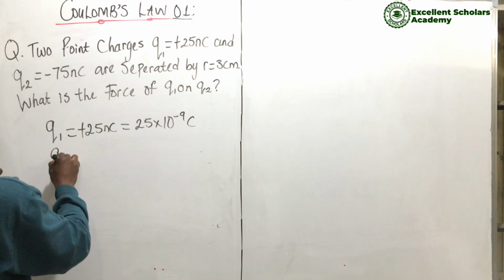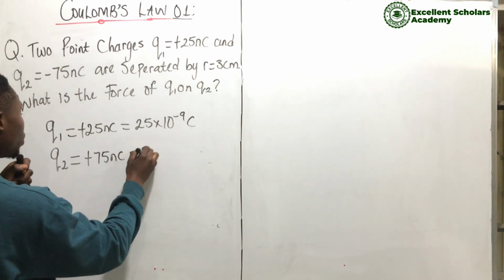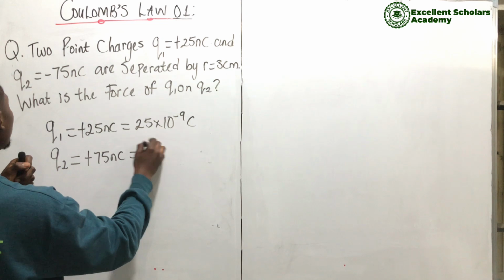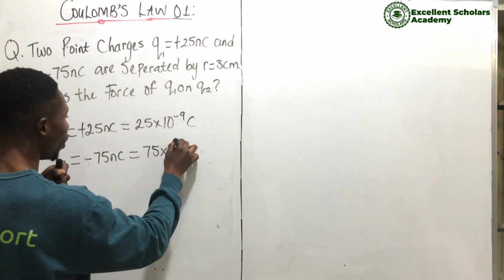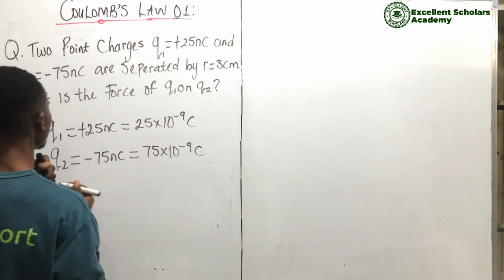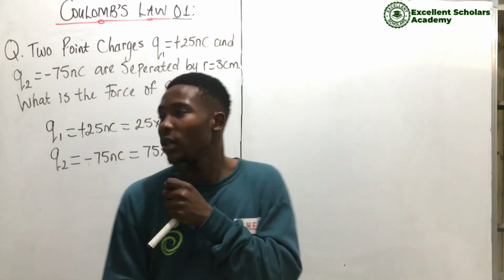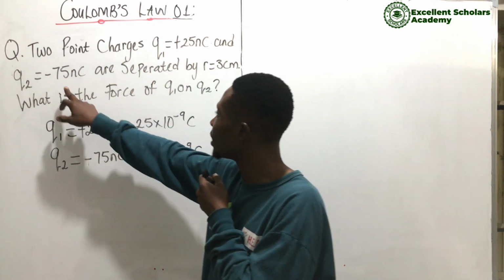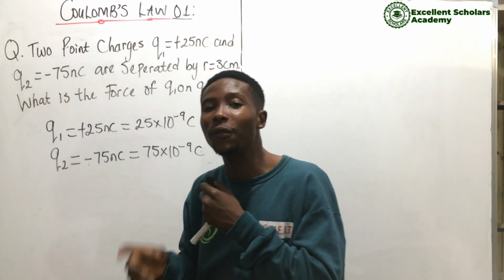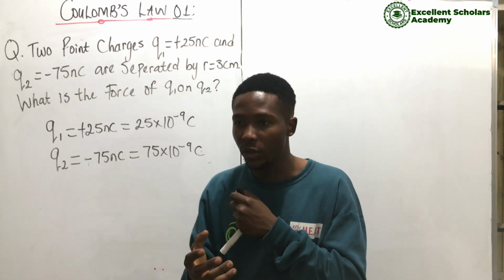Okay, now q2 we are given as minus 75 nanocoulombs, which is equal to minus 75 times 10 to the power of minus 9 coulombs. Now, before we go further to solve this question, of course, seeing that this has a positive charge and this has a negative charge, it shows that the force between these two charges is a force of attraction.